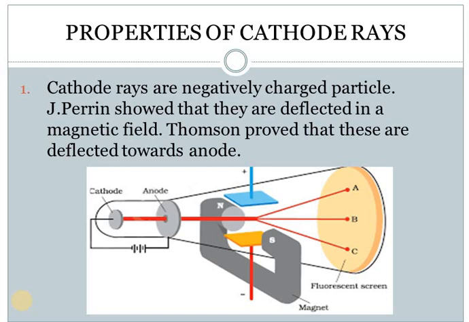It means that the cathode rays or electrons are being attracted by one of the poles, which is the south pole in this diagram.